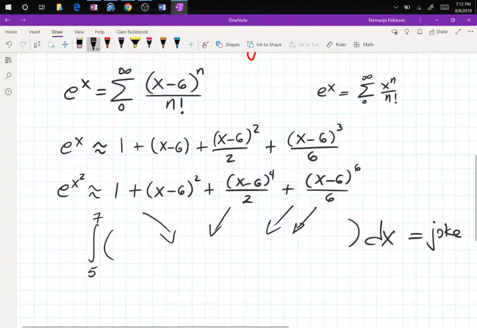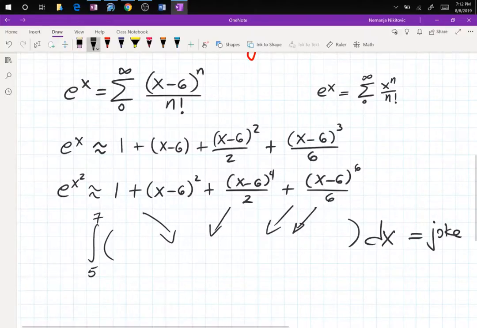So you have to be careful with the limits of integration, and you have to make sure that you are centering your Taylor polynomial either in the middle of the interval, or if the values are close by. Maybe you are calculating the integral from 1 to 1.2. It's okay to center it at 1.